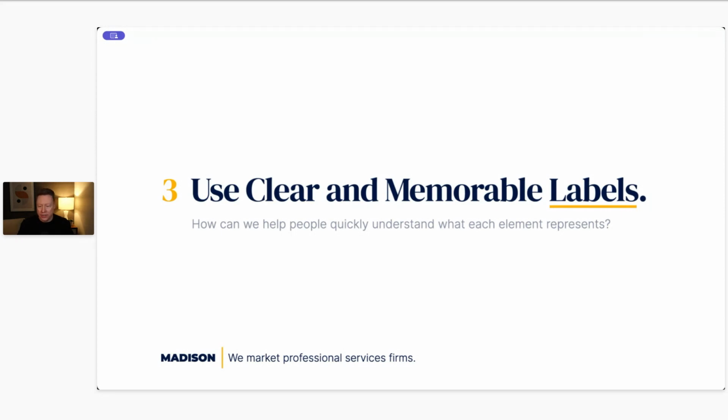I think in a lot of cases, firms don't really have as clear of differentiation as they think. They don't necessarily have quite as unique of an angle as they think. And so this can be a way, if you feel like you lack clear differentiation, of at least taking elements that are relatively consistent and codifying them in a way that makes sense.